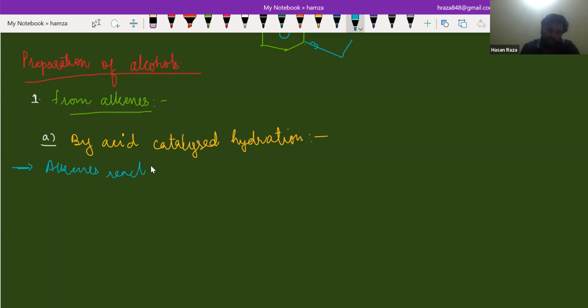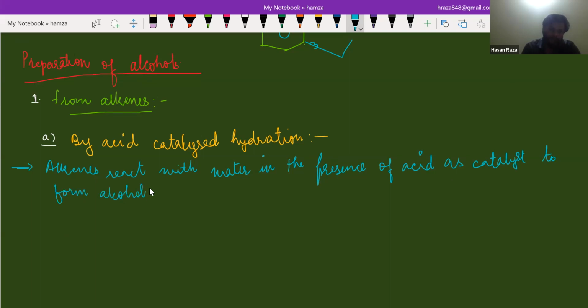Alkenes react with water in the presence of acid, and this acid will act as catalyst, to form alcohols. And here Markovnikov's rule is followed.